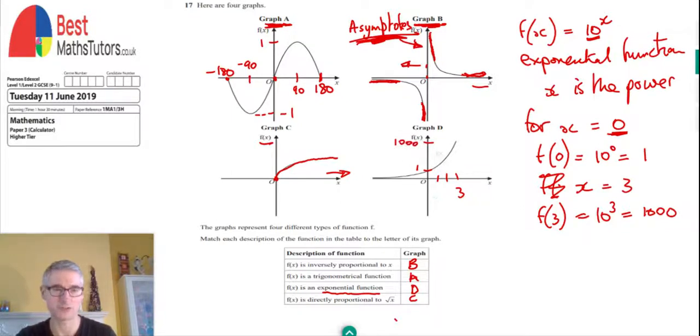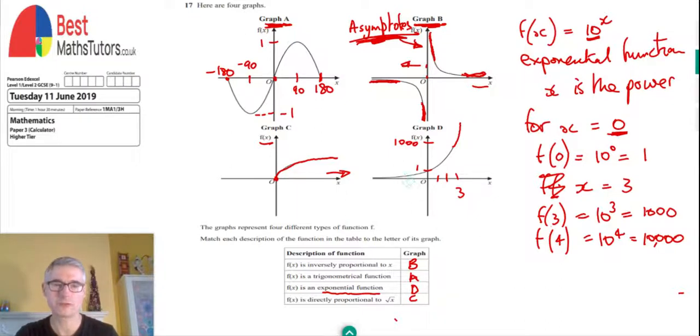You can see this graph's not actually to scale. If we look at x equals 4, so we're looking at f of 4, that's 10 to the power 4, and that's 10,000. So you can see the graph is getting very big.